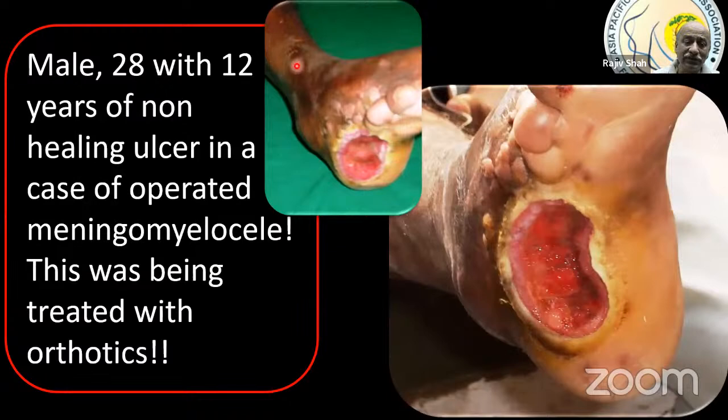Now this was a 28 years old male who had a neuropathic non-healing ulcer in an operated case of meningomyelocele. This was being treated for 12 years by orthotists. They were giving various kinds of orthotics in spite of seeing that this is not working.